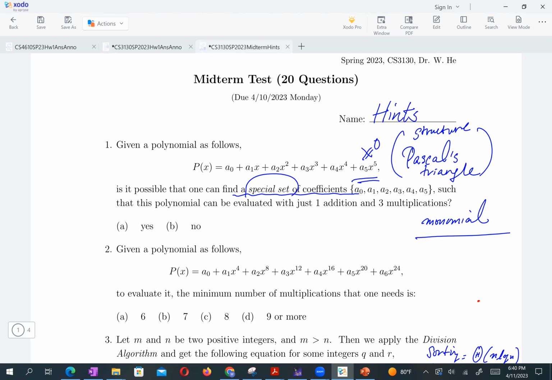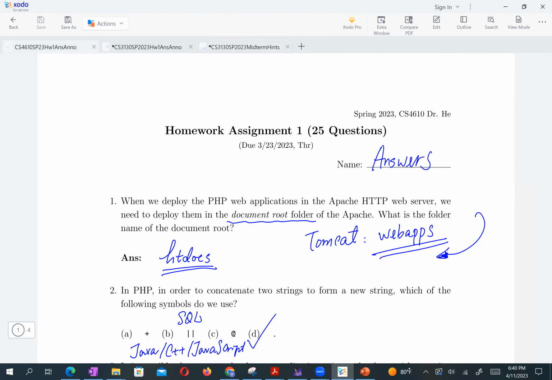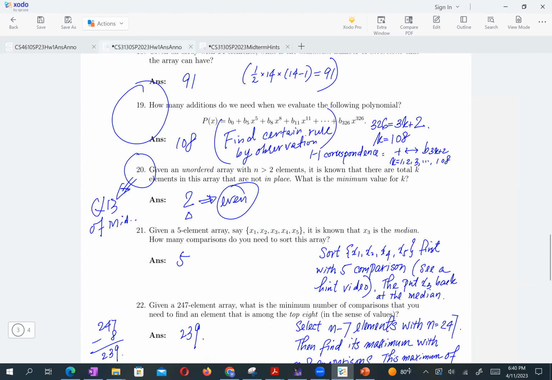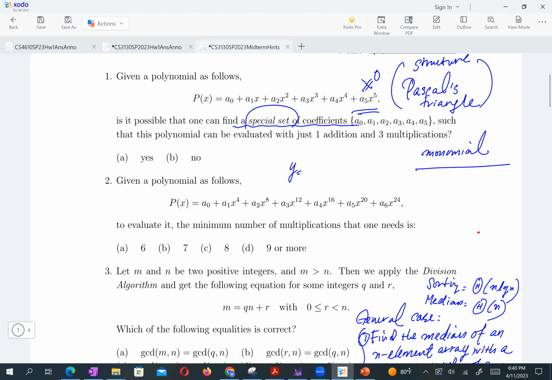At the same time, for question number 2, I'd like you to connect to our homework question. Not that one, this one. We have a similar one in the first homework question. In this one, we let y equal x squared. And so in this one, we can let y equal x to the 4th, all right?